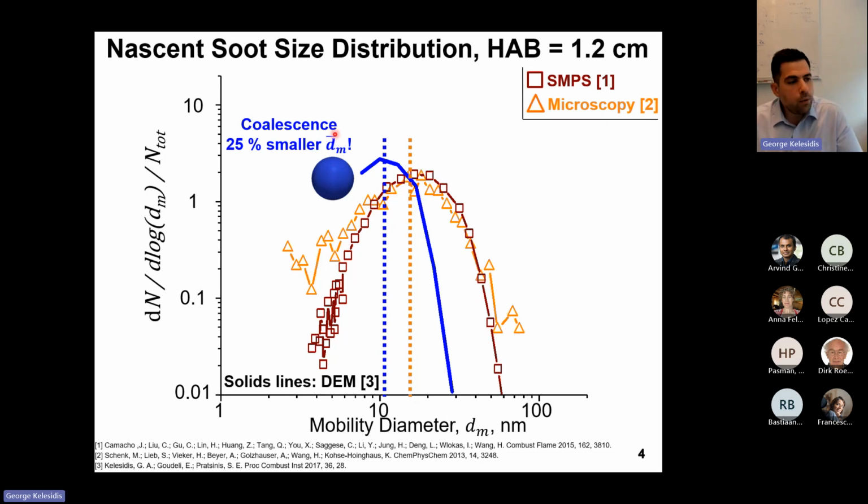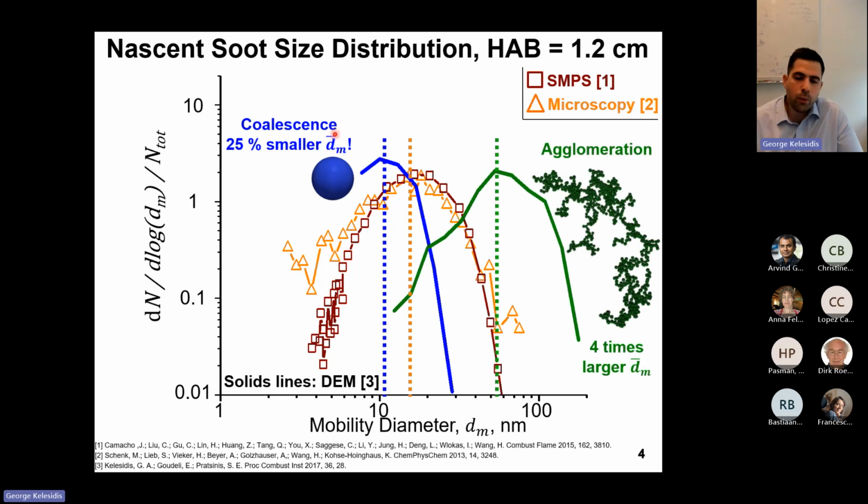Now, on the other extreme, we also estimated the evolution of the soot mobility size distribution by agglomeration alone, so in the absence of any surface growth. You can see that this pure agglomeration model overestimates the median mobility diameter of soot by up to 4 times.